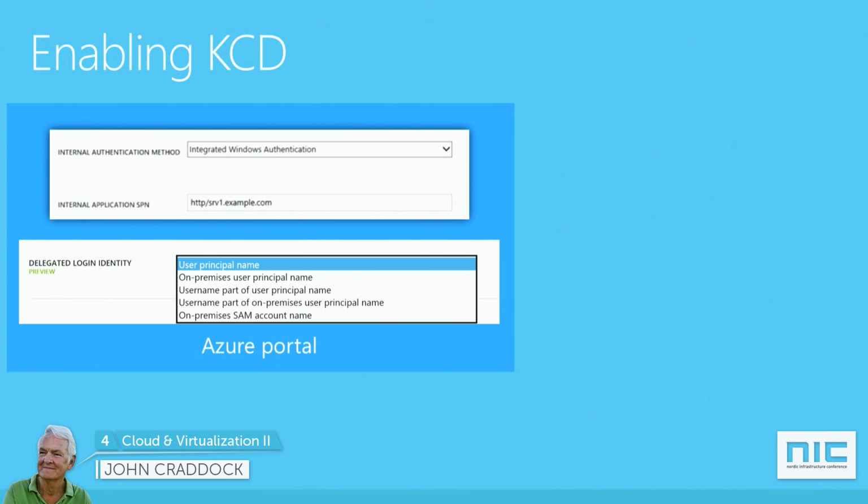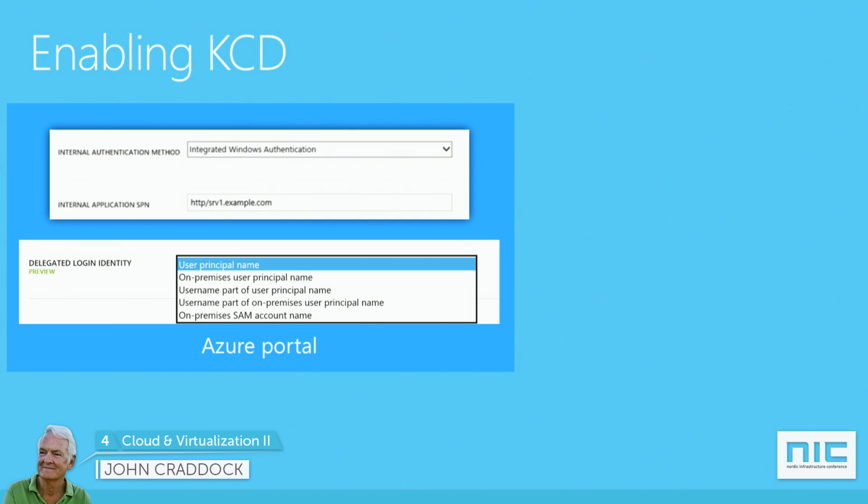Right. Now, up here, what we could have is the Azure UPN, which is john@xtseminars.com. And what we want to do is convert it to a Kerberos token based on the on-prem UPN. Right? What we need to do is actually remap it. So we've got this option here, which is delegated logon identity. We can say use the on-premises user principal name.